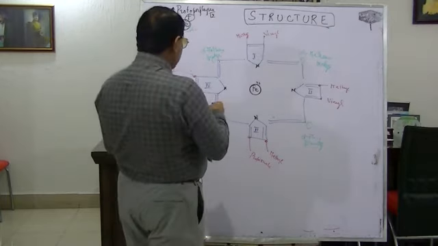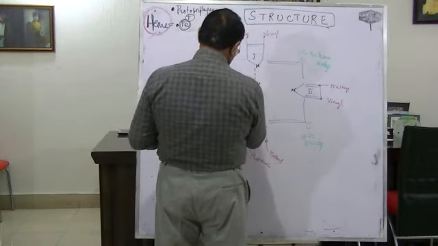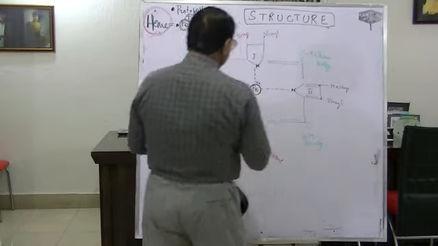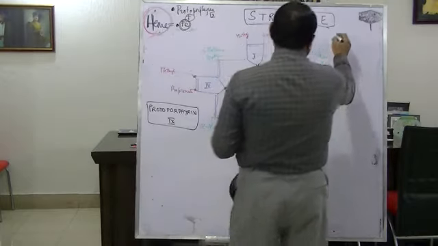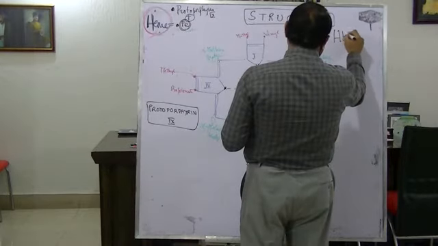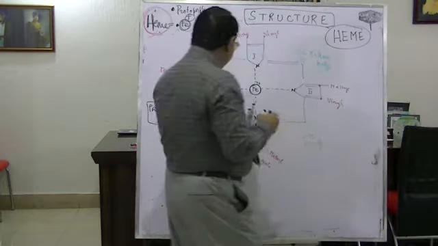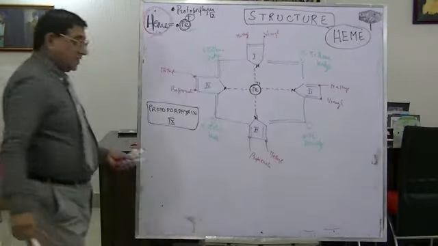So iron will combine with these. So now this is heme, the structure of heme. Now you can say, well, this is the structure of heme. I told you previously about the formation of protoporphyrin 9, all those steps.